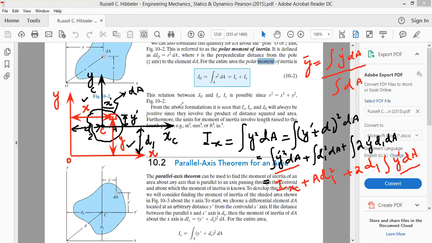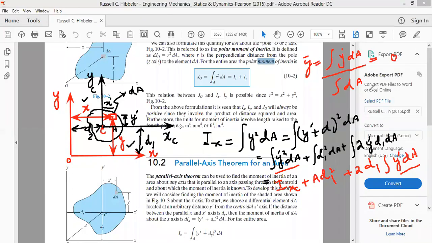If we have to calculate the y coordinate of the centroid from the centroidal x-axis, then we will use this formula. But where is the centroid? If you measure from the centroidal x-axis, it lies at the origin. That is, the y coordinate of the centroid as measured from the centroidal x-axis is 0.